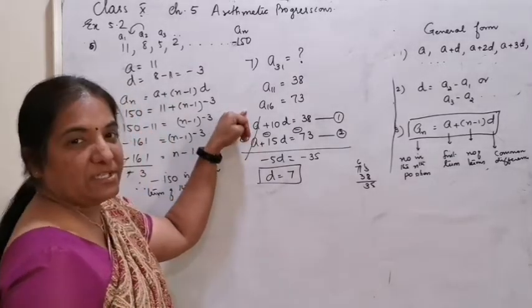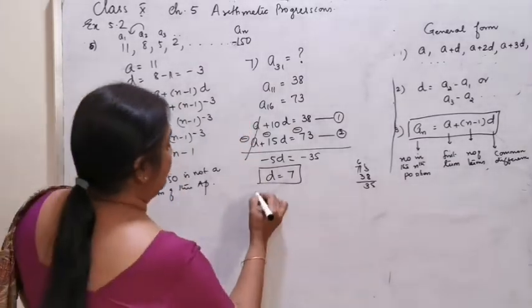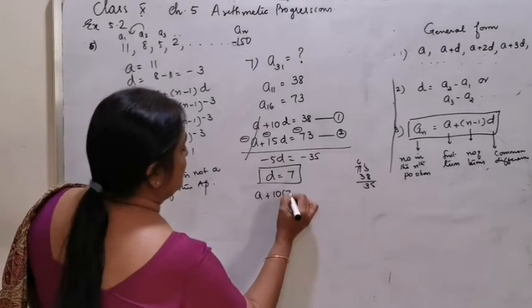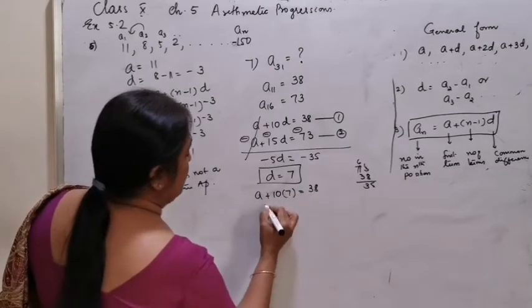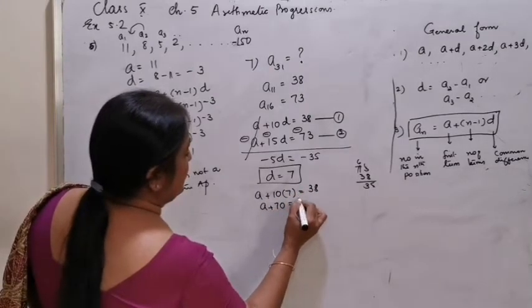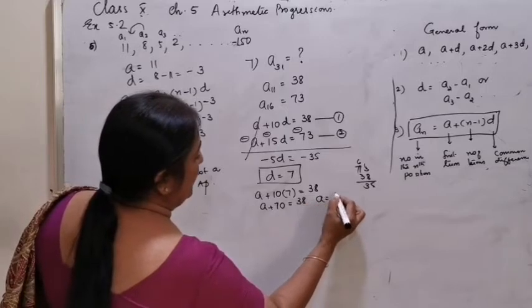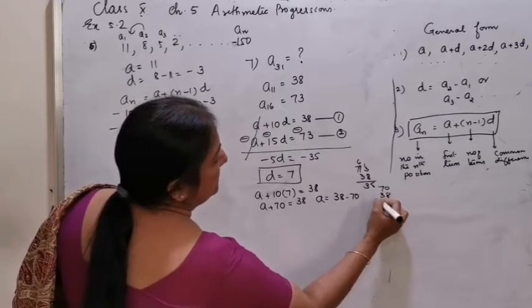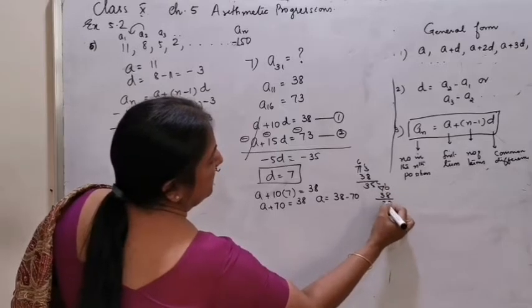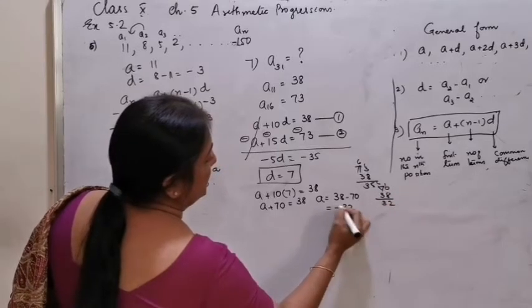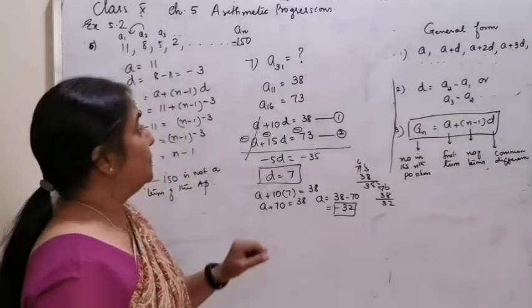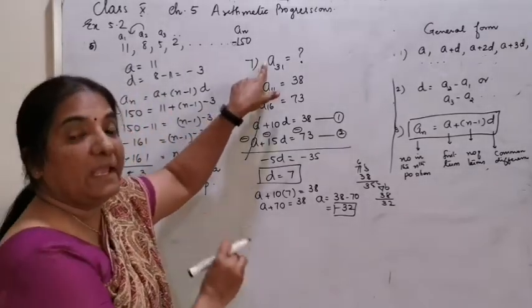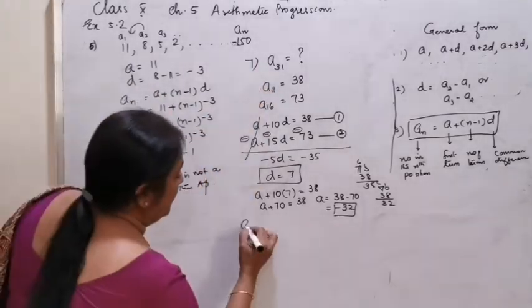Substitute in one of the equations to get the value of A. A plus 10 into 7 is equal to 38. A plus 70 is equal to 38, so the value of A is 38 minus 70, which is minus 32. So you have to find out the value of A31.